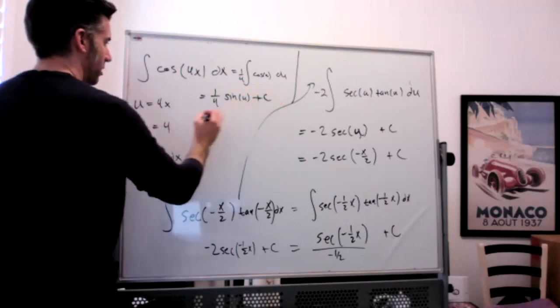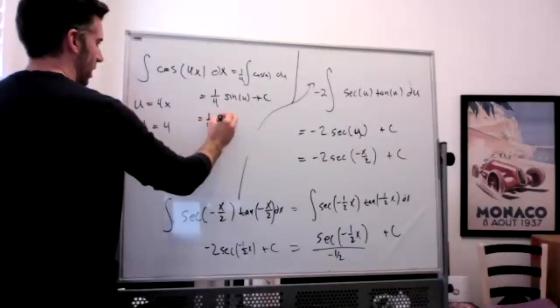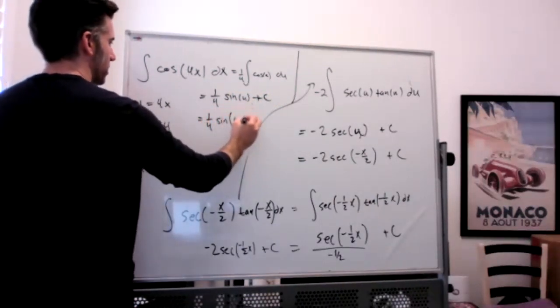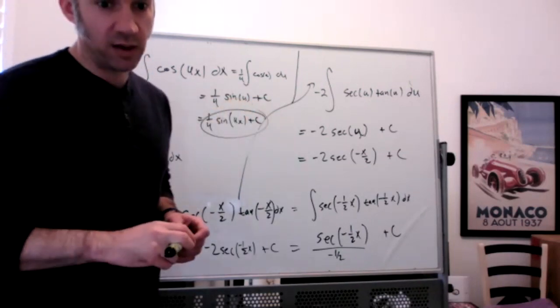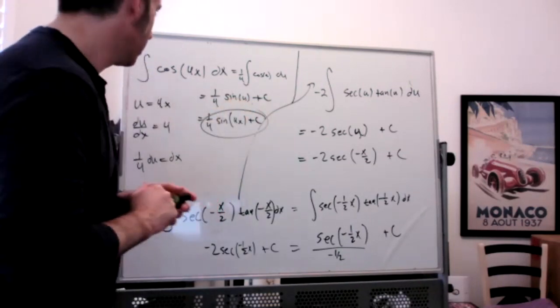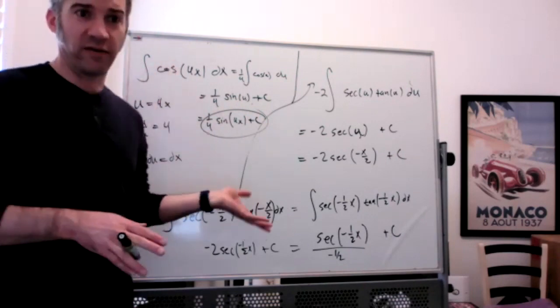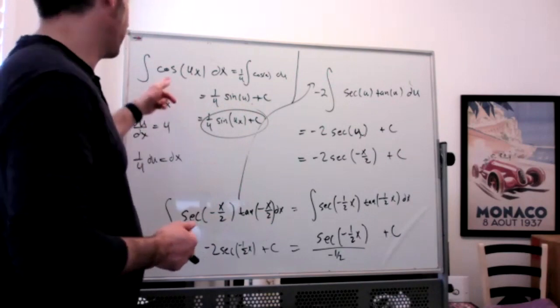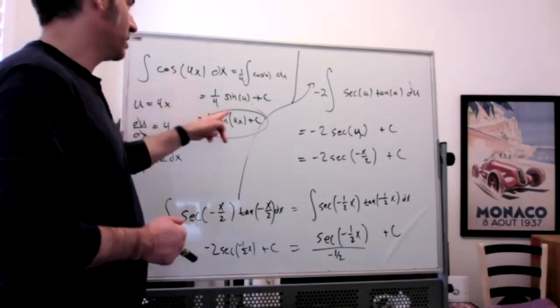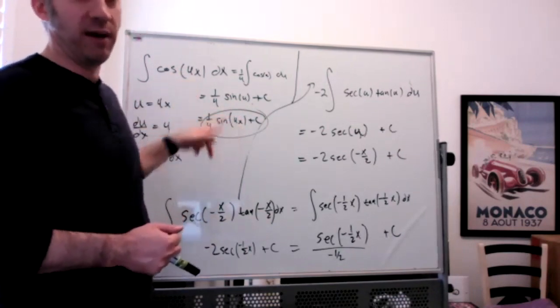So we end up getting 1/4 sine of 4x. But it really is perfectly okay to just say, oh yeah, I know the antiderivative of cosine of x is sine of x. So I know the antiderivative of cosine of 4 times x is sine of 4 times x, but then I have to divide by the 4.